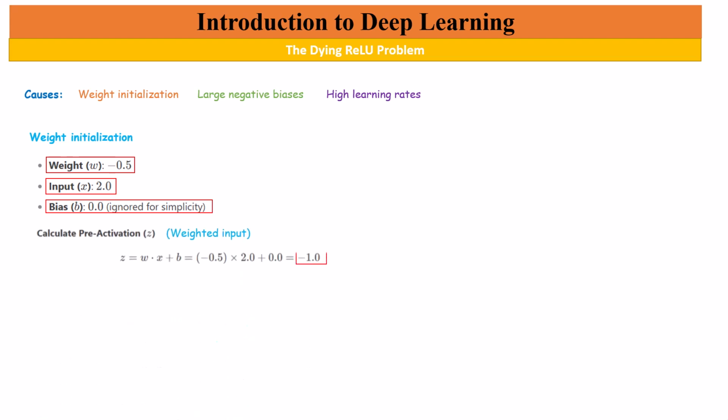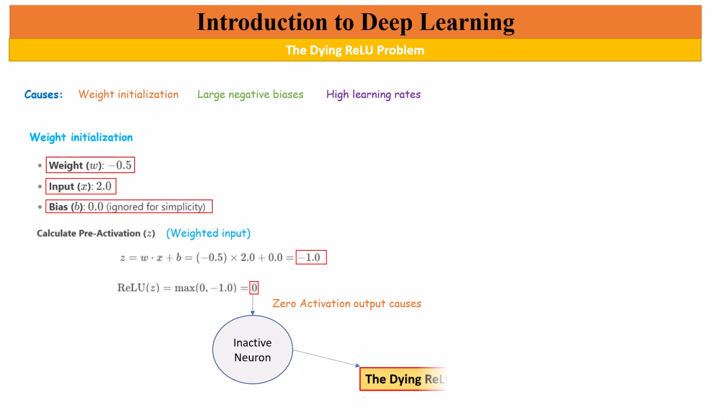When the ReLU activation function is applied, it outputs 0. Since the output is 0, this neuron effectively becomes inactive for this input. If such negative pre-activations persist across inputs due to poor initialization, for example, weights are too negative or too large in magnitude, the neuron may never activate, hence dying, contributing nothing to the learning process.